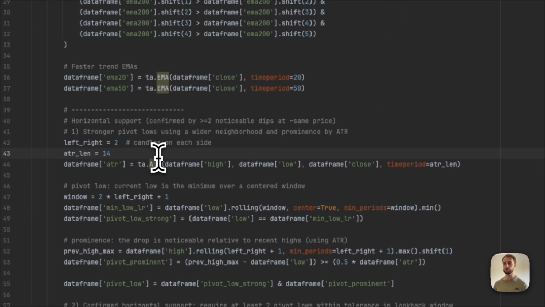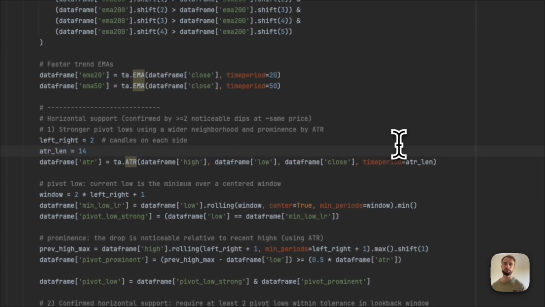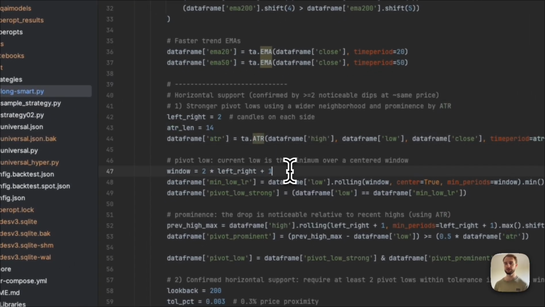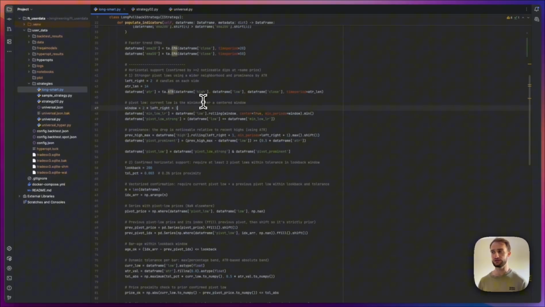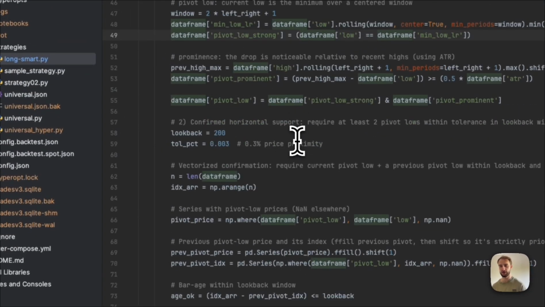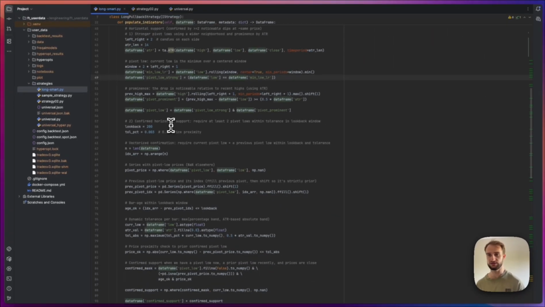To better analyze the support, I'm using the ATR indicator. ATR helps us find the volatility of the current coin. Based on that, we can find more proper support lines rather than relying on small movements in the price. So this code observes the last 200 candlesticks and analyzes the support line.